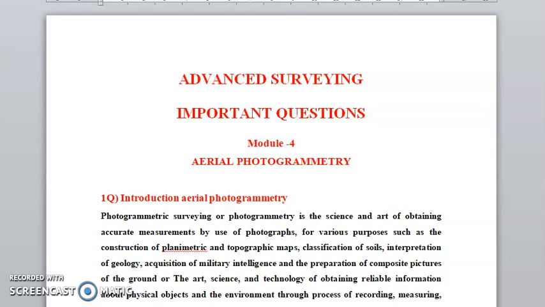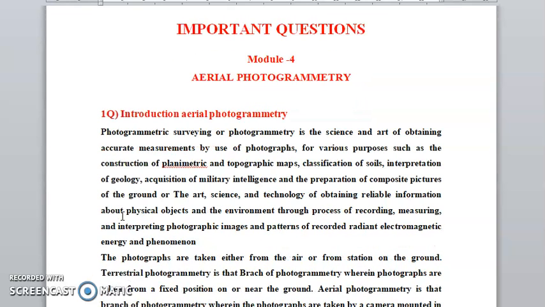Photogrammetry is the science and art of obtaining accurate measurements by use of photographs for various purposes such as construction of planimetric and topographic maps, classification of soils, interpretation of geology, actualization of military intelligence and preparation of composite pictures of the ground.